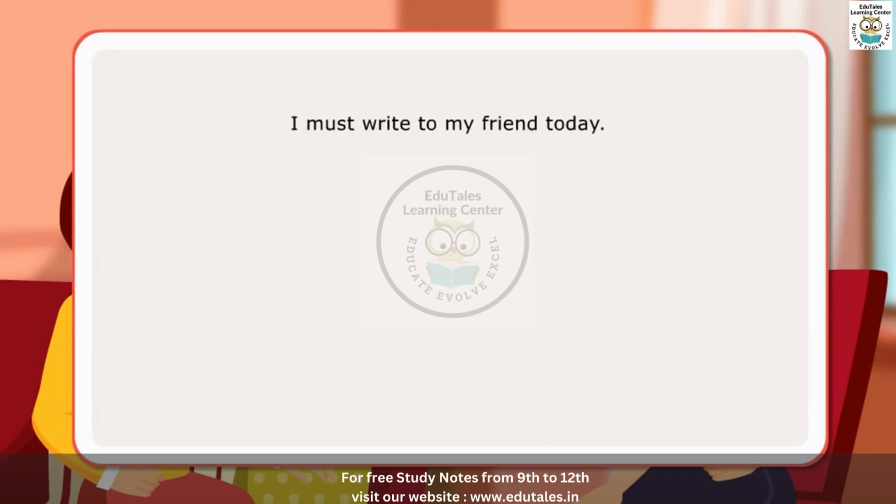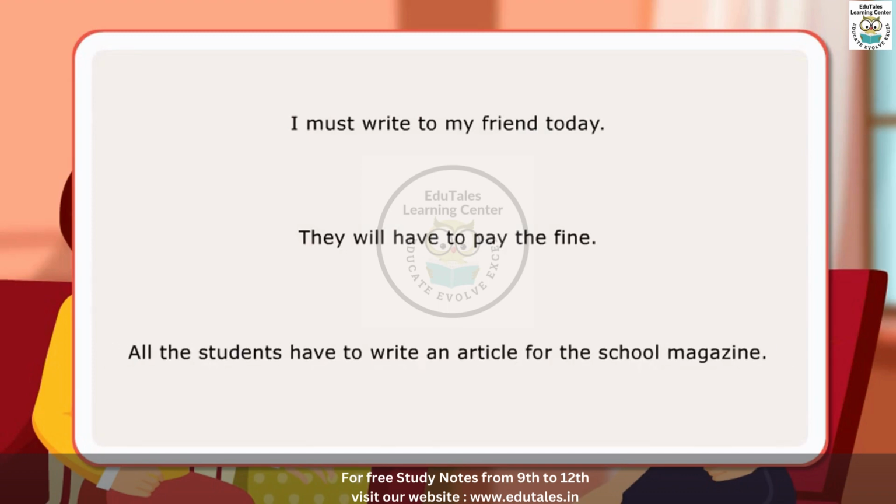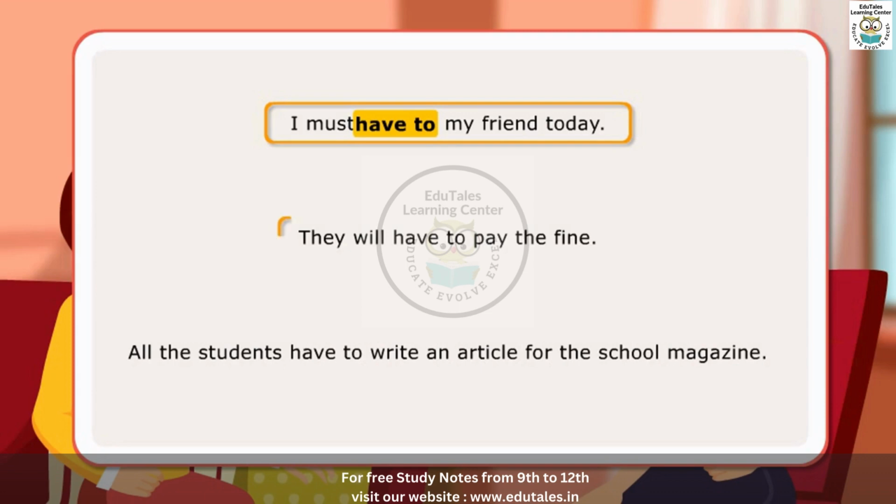I must write to my friend today. They will have to pay the fine. All the students have to write an article for the school magazine. In the first sentence, must has been used for personal obligation. In the next sentence, have to has been used to show impersonal obligation and necessity along with implication of a rule.